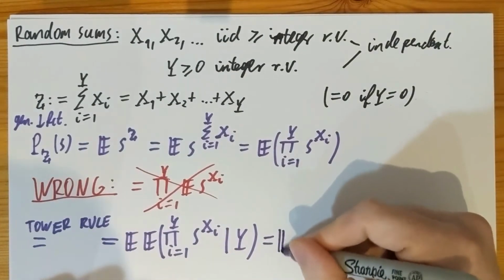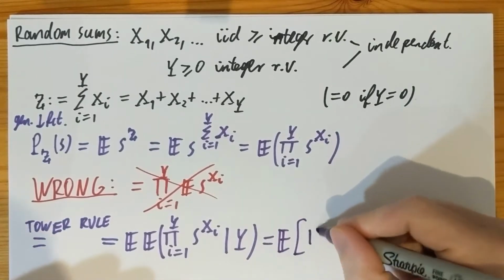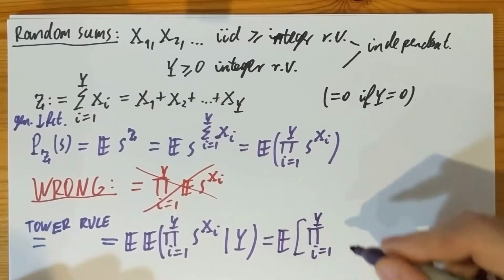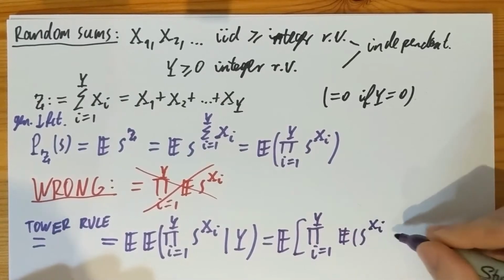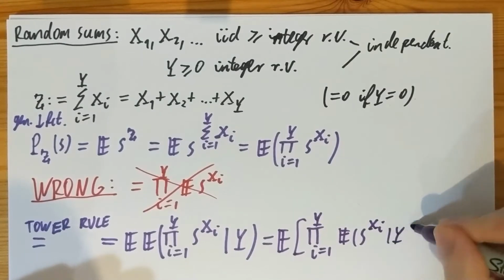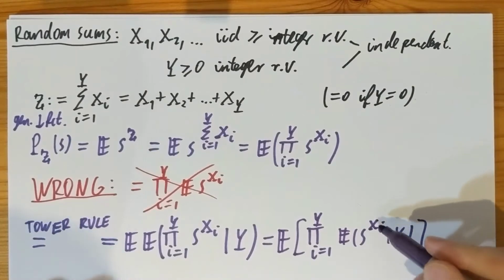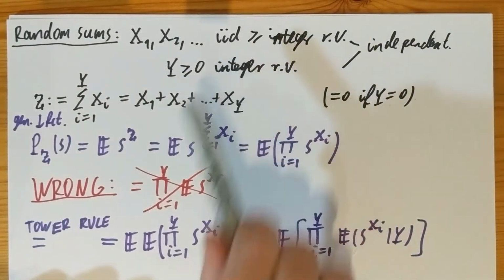So keeping the outer expectation as is, I do have the right to swap the product and the conditional expectation of s to the xi given y, and that's again because even if I condition on y, still the xi's are independent among each other. Moreover, if I condition on y, that doesn't change anything about the distribution of xi, again because of this full independence property.